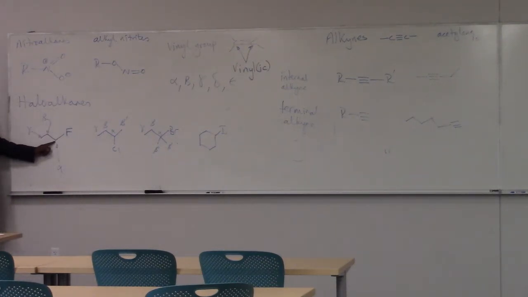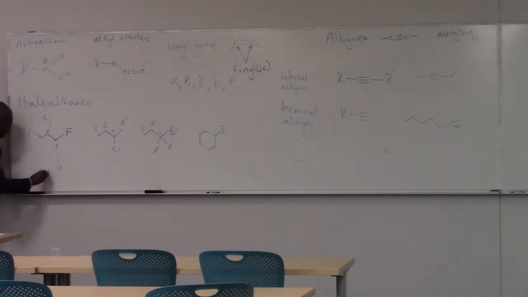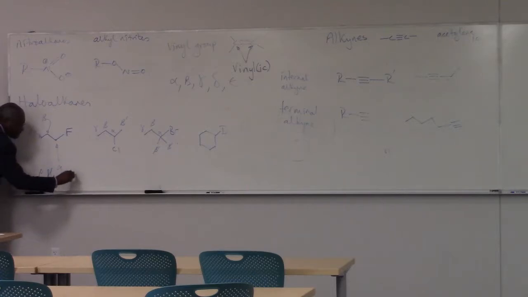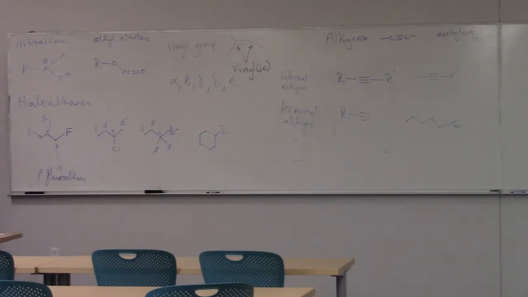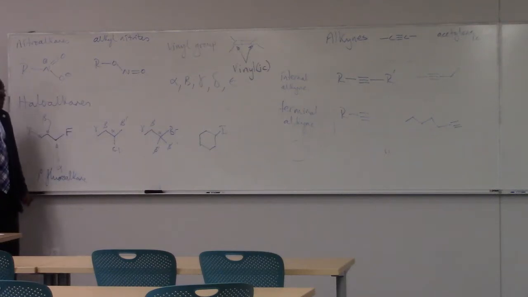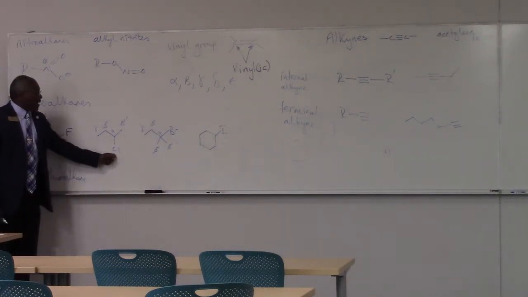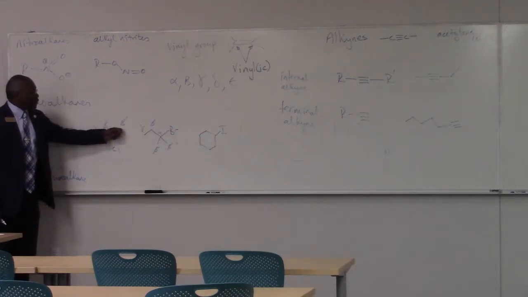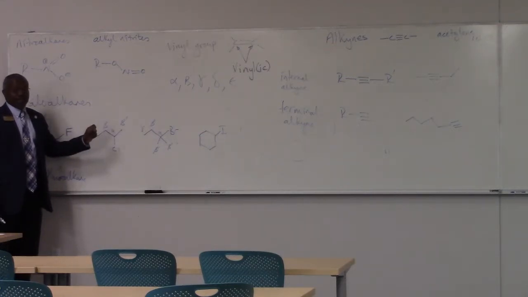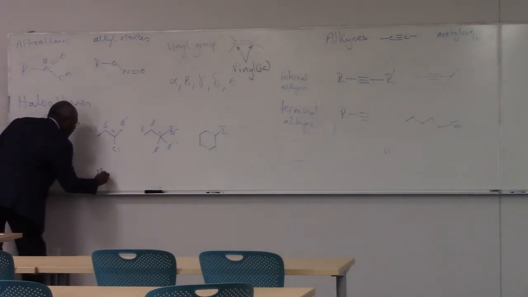If the alpha carbon is primary, this is called a primary haloalkane, or more specifically, a primary fluoroalkane. So here's my alpha carbon. It is bound to one other carbon. So I'm going to classify this as a primary fluoroalkane. How do I classify that? Well, it's a chloroalkane. The alpha carbon is bound to two carbons. So that's a secondary chloroalkane.